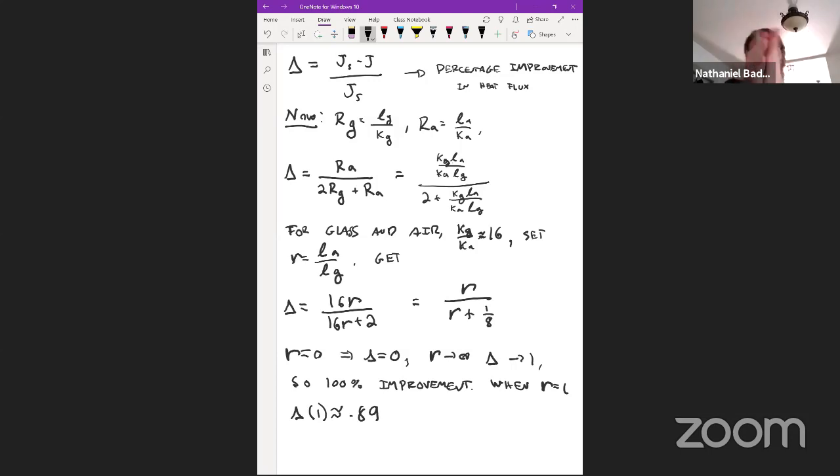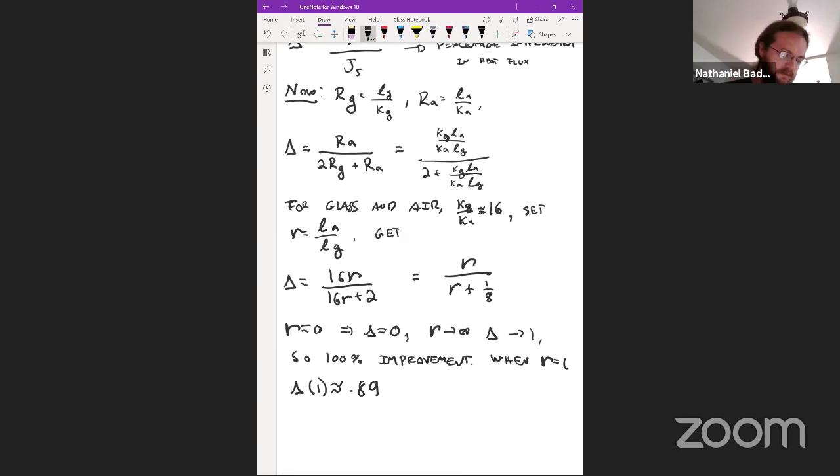So just by taking two flat pieces of glass and sticking them together, if we just separate them by one width of the length of glass, we get an 89% improvement. So that's pretty good. And if you separate them farther, so by the time r equals 4, you get basically about a 97% improvement.